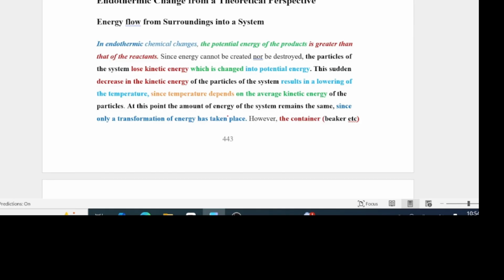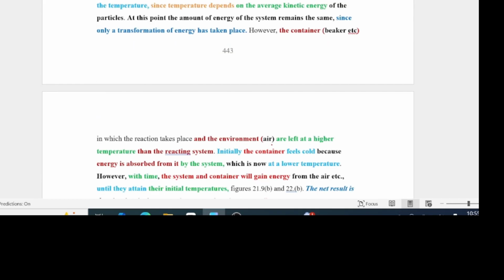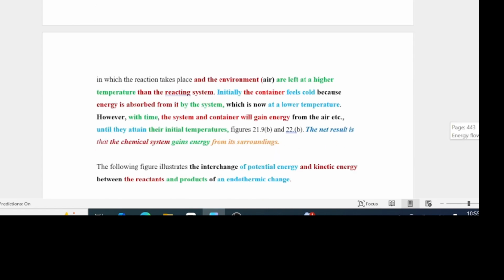At this point, the amount of energy of the system remains the same, since only a transformation of energy has taken place. However, the container, the beaker, etc., in which the reaction takes place, and the environment are left at a higher temperature than the reactant system.